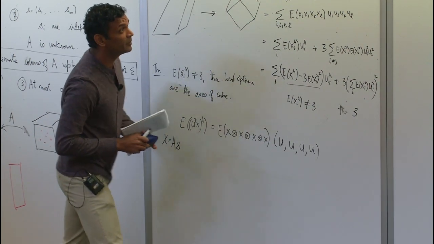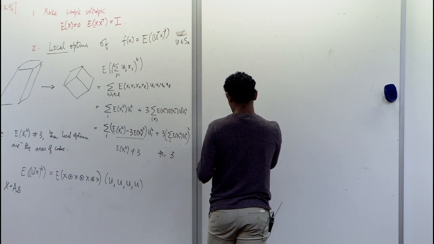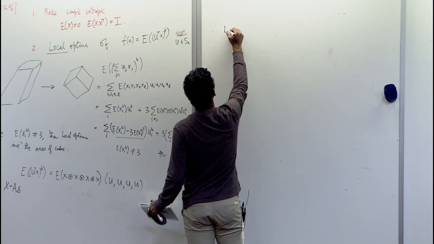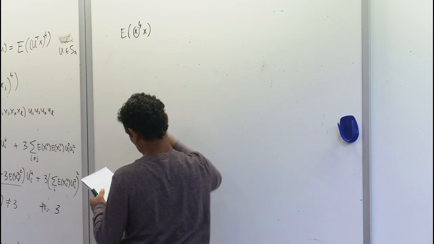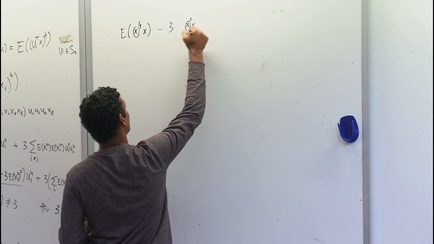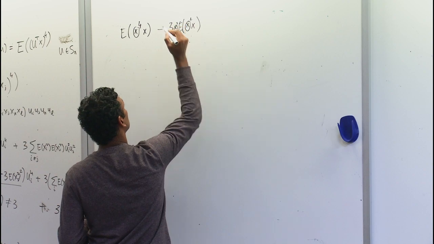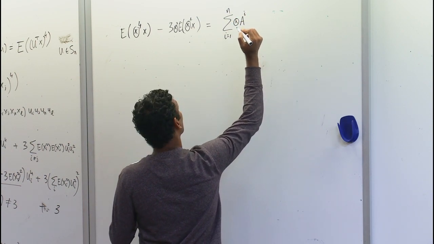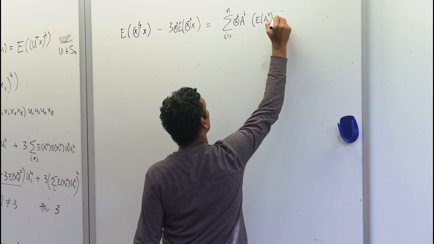Yeah. So let me put that in a separate equation. So another way to write the same thing is that if you look at the expectation of the fourth tensor generated from x, so this is outer product of 4 copies of x, and take the expectation, and you subtract from it 3 copies of the outer product of x with x, take the expectation, and you have to do this times its transpose, then this is exactly equal to the sum over all the columns of A of the outer product of each column times this coefficient that we just computed, which is expectation of si to the 4 minus 3.